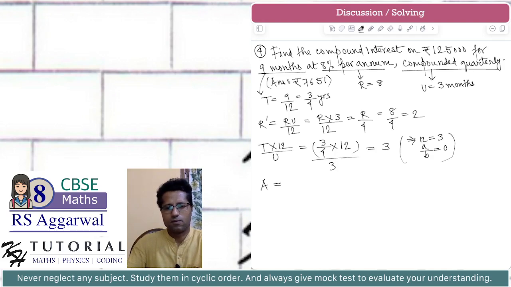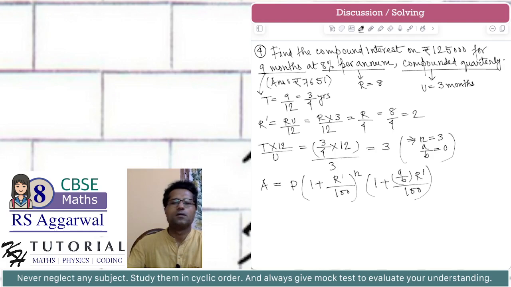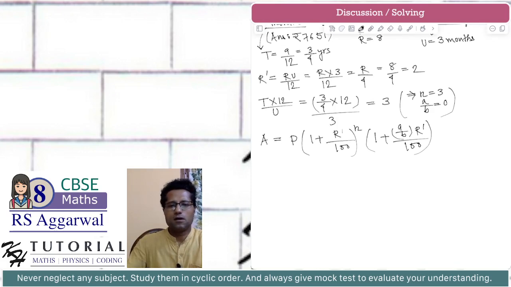The general formula for the amount is P into 1 plus R dash by 100 to the power n, and then 1 plus a by b multiplied by R dash divided by 100. I will substitute the value of P in the end. What is R dash?